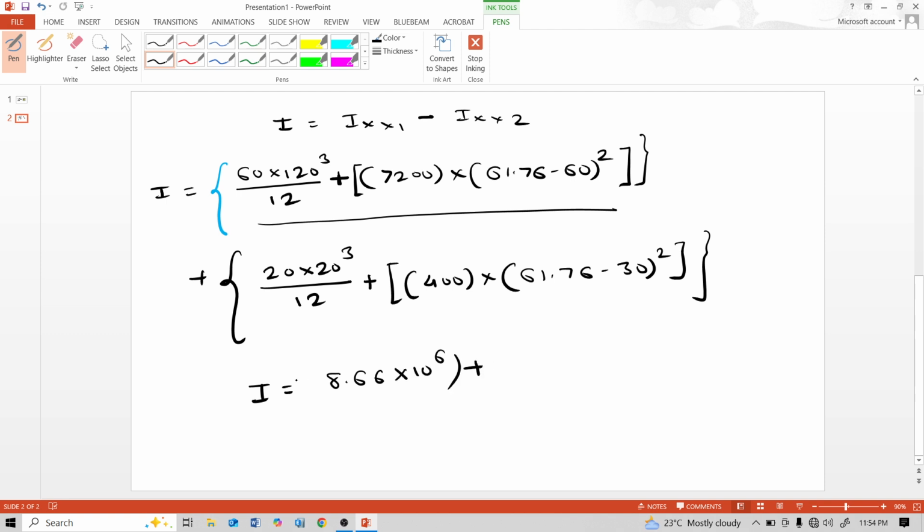plus this term: 61.76 minus 30, square of this term multiplied by 400, plus 20 into 20 cube divided by 12, is 0.4168 into 10 raised to 6.